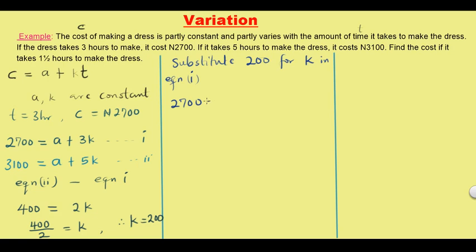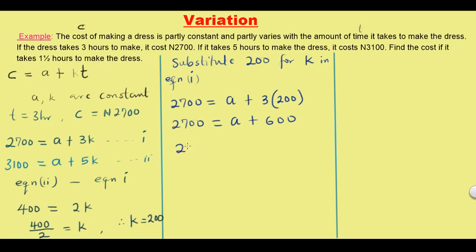So it means I will have 2,700 equals A plus 3k. Here now 200 will take the place of k. That's 200. So we then have 2,700 equals A plus 600.